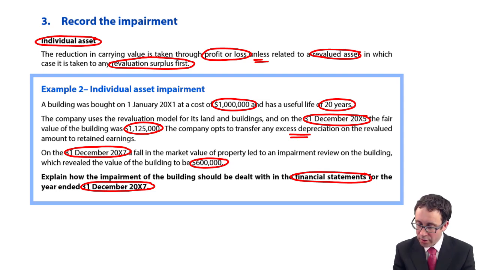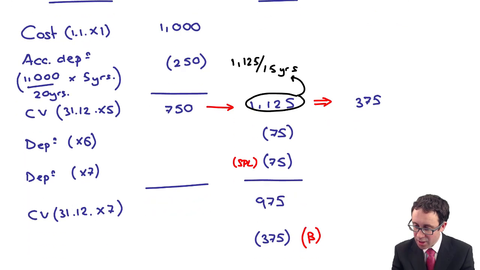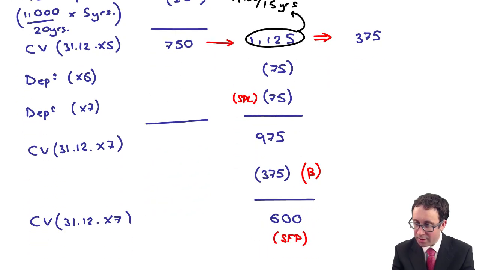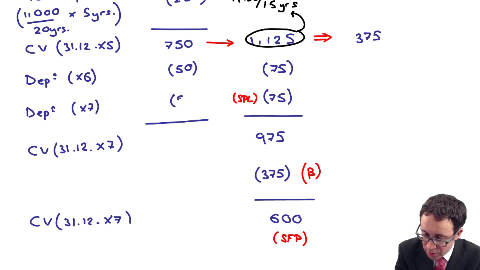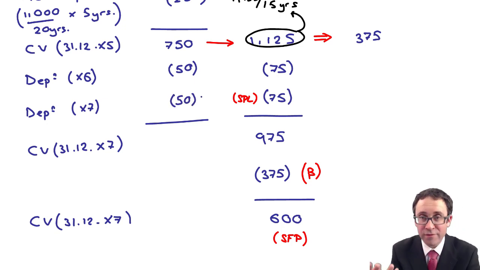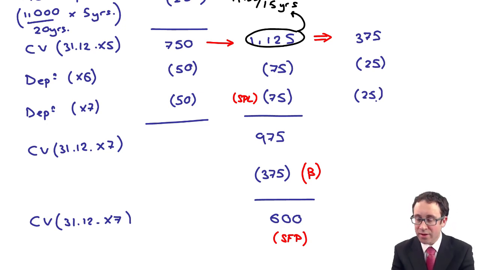So when we're looking at that surplus that we thought we had of 375, that will have been reduced, because previously we charged depreciation of 50 per annum. We now charge 75, so the excess on the reserve transfer will be 25 each year.